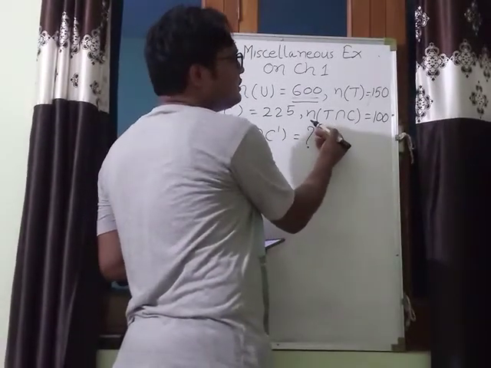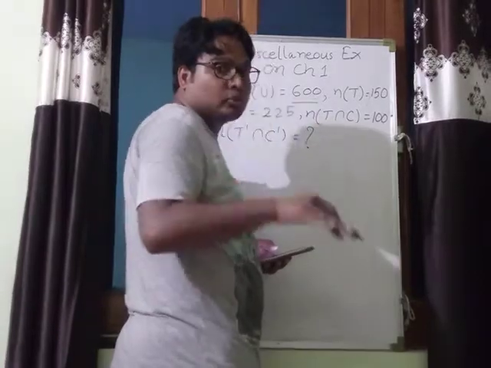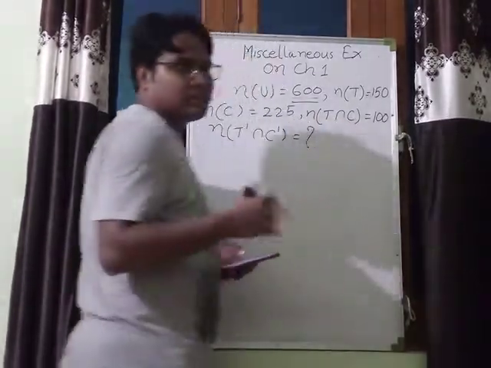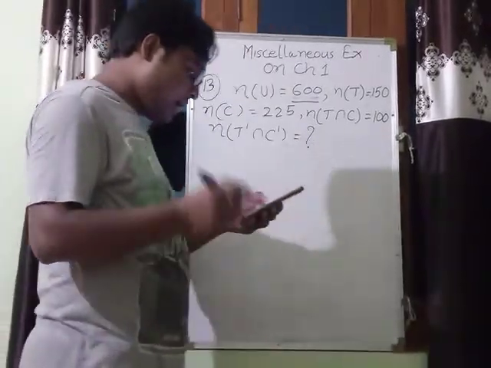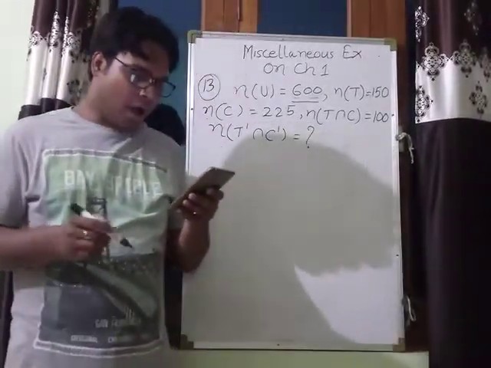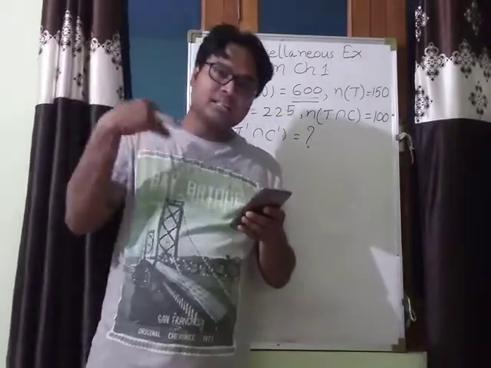So the number of students who take both coffee and tea will be related to N T intersection C, that is 100.